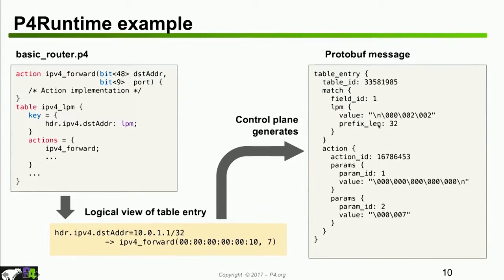And the prefix length, because the table defines longest prefix match. In this case, we're matching on the whole 32 bits of the IP address. Same for the actions. In this case, we're specifying the ID of the action IPv4 forward with 2 parameters. The first one is the MAC address, and the second one is the output port, again in byte string encoding for protobuf.